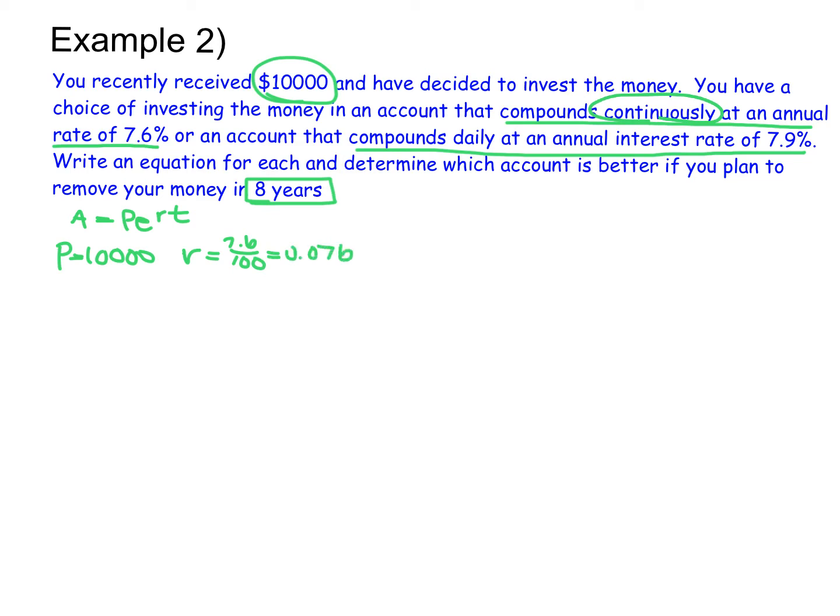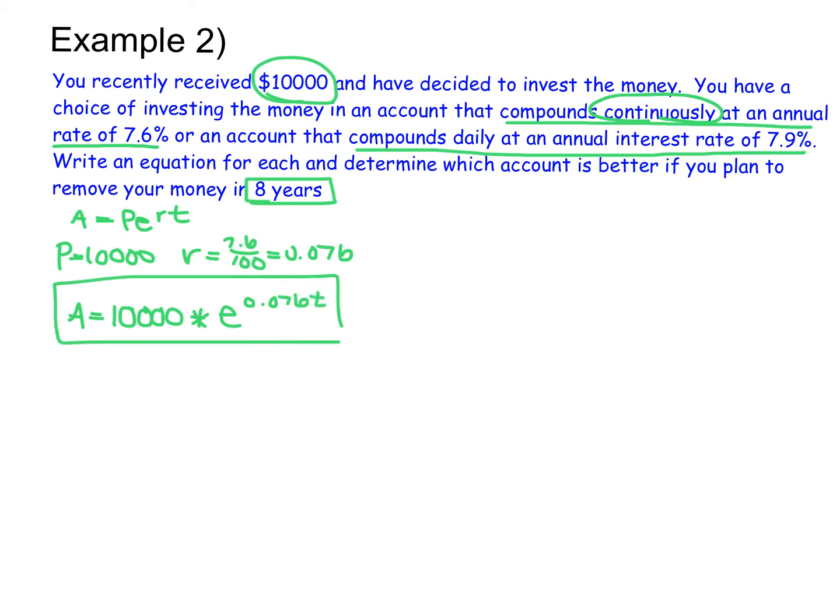So we can substitute all of those values in, and we find that the amount that we have after a certain amount of time is calculated by the equation 10,000 times e to the power of 0.076 times t. So this is our equation that is going to calculate how much money we have over time.